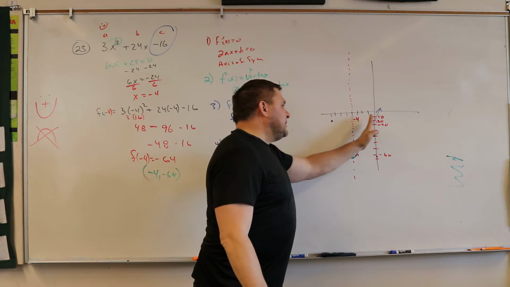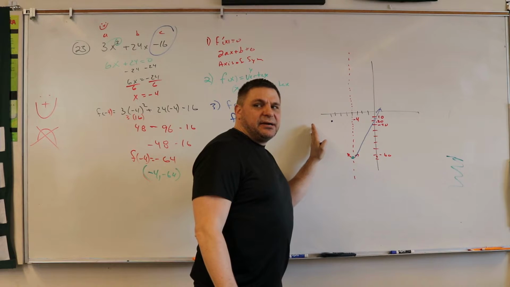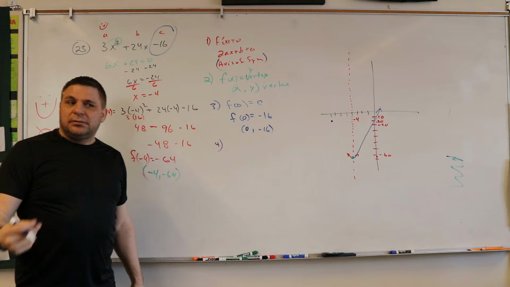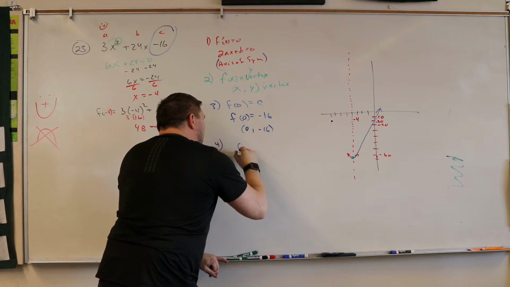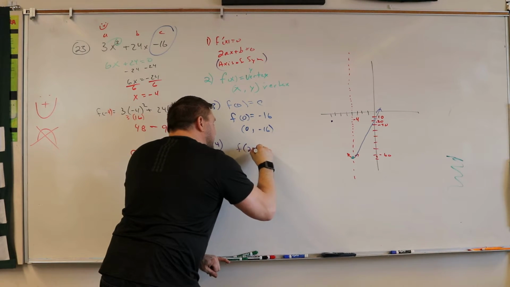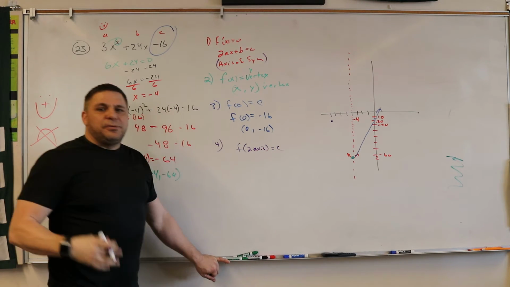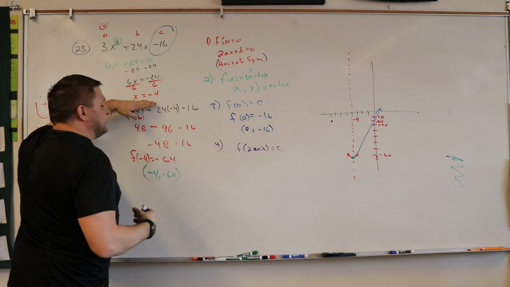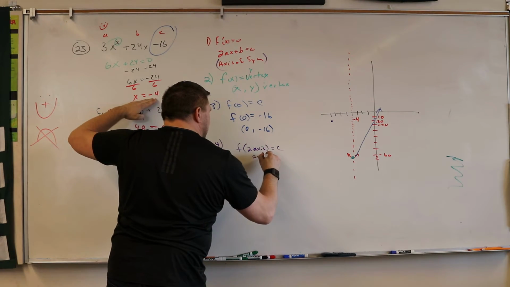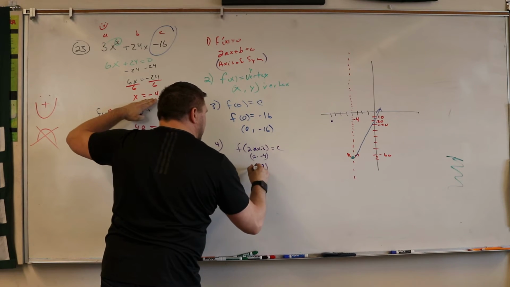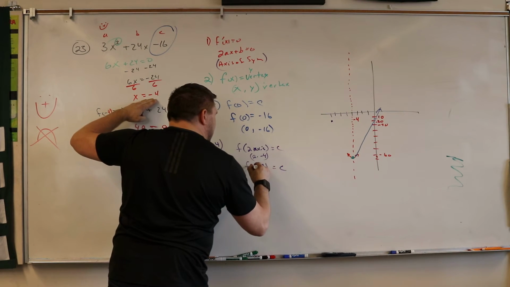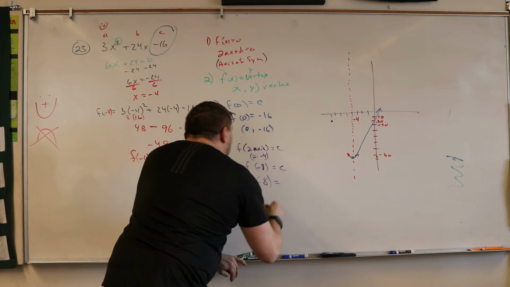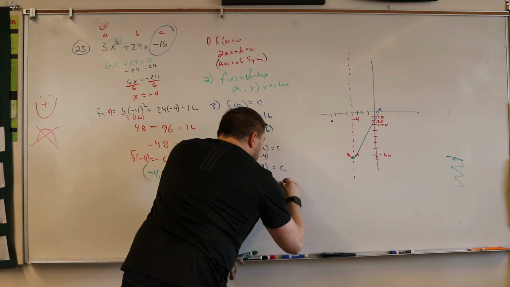So f of 2 times the axis is always going to equal C. In our case, the axis is negative 4, 2 times negative 4 is negative 8, so at negative 8 we should equal negative 16.